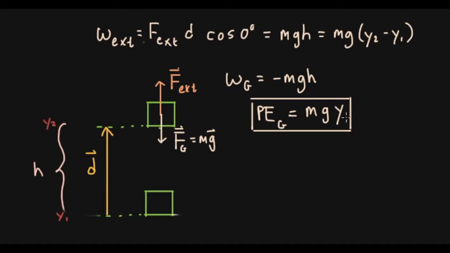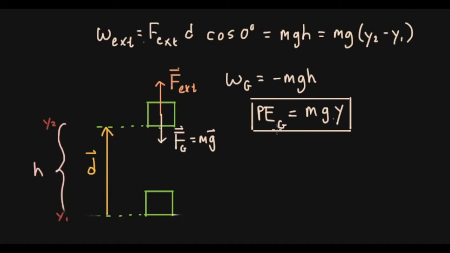So what is y in this case? Y is actually the same value as h, and sometimes you will see me write h instead of y here. But it just means some height above a reference point. Okay, so in our case, y2 minus y1, we often will just say that y1 is 0, and so we just call y2 y.